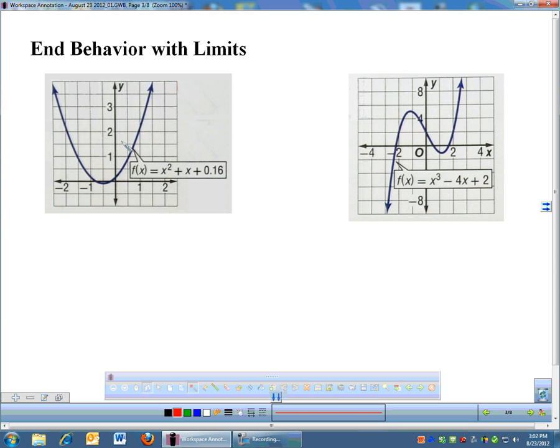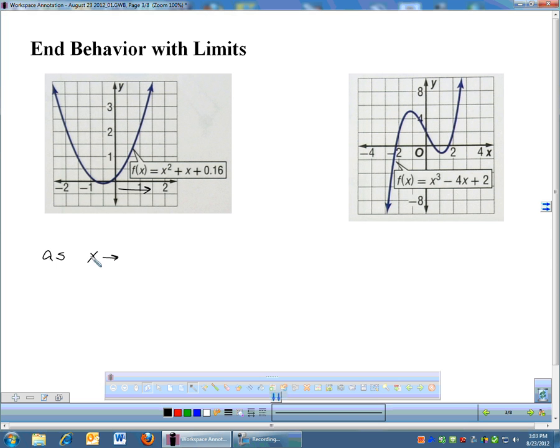And so here's how we're going to do this with limits. I'm going to kind of slowly ease you into it. Let's look at the right end first. As I move to the right, my x's are getting really large. So what I'm going to say is as x gets really large.